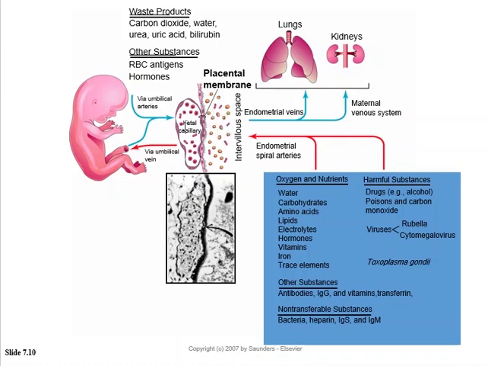So the veins directly from the fetal side go to the maternal venous system toward the lungs and kidneys, while the arterial blood from the maternal side carries oxygen and nutrients, water, carbohydrates, amino acids, lipids, electrolytes, hormones, vitamins, ions, trace elements, and other substances. It may also carry drugs, poisons, or other teratogenic factors, viruses, toxoplasma.